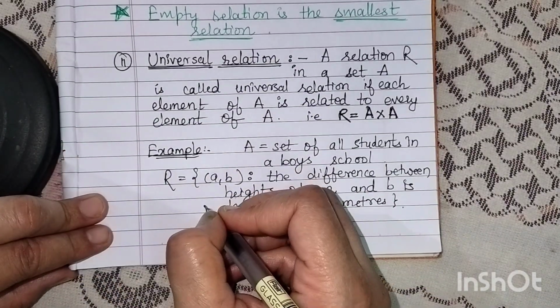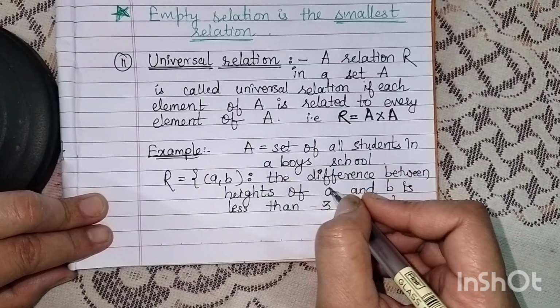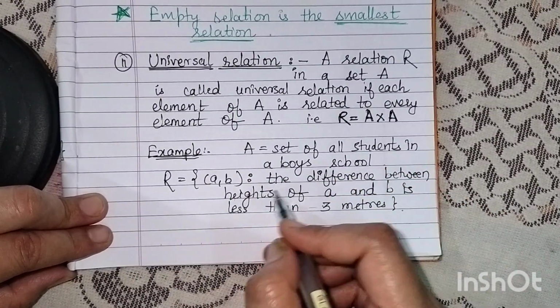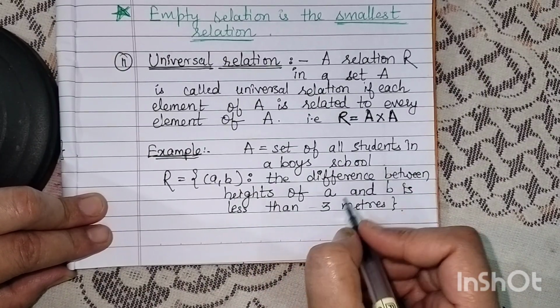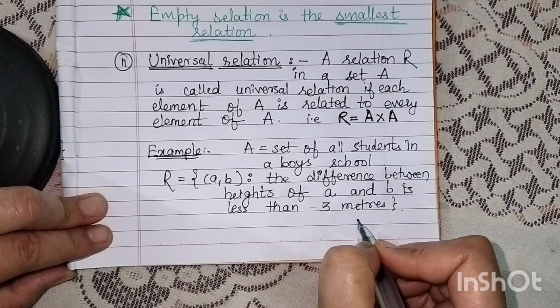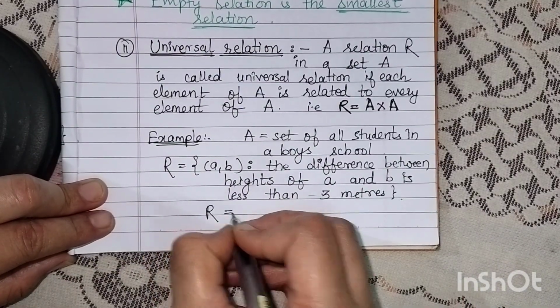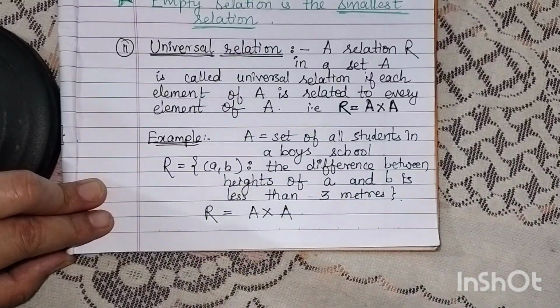Okay, now when you take the difference of any two boys, no matter how small or how tall the boys are, if you take the difference between two boys among the school, you will always get a height difference which is going to be less than 3 meters. So that means this relation includes everything. So this means it is going to be A cross A, and hence it is universal.